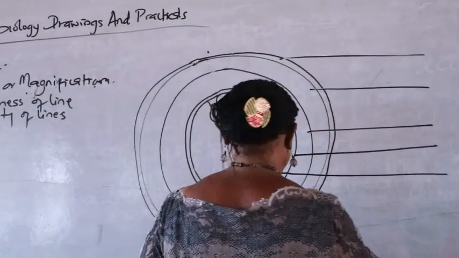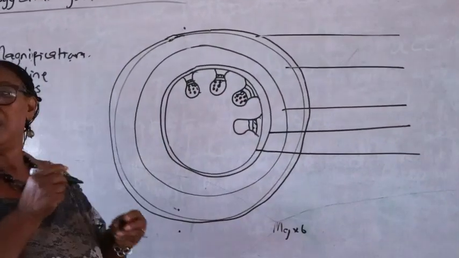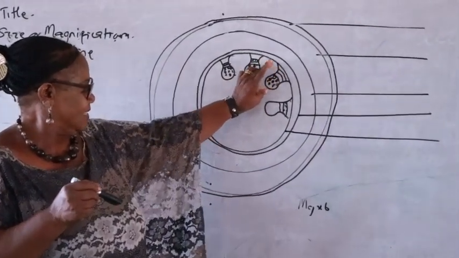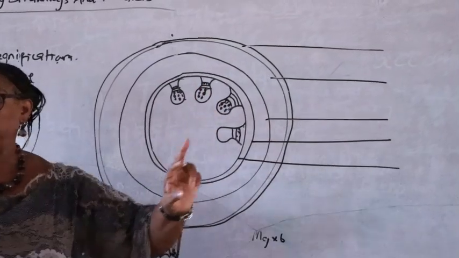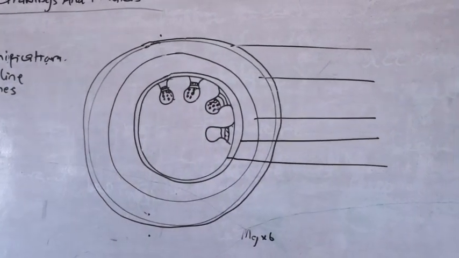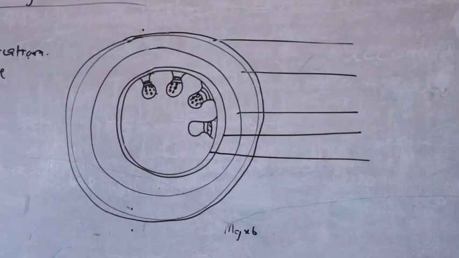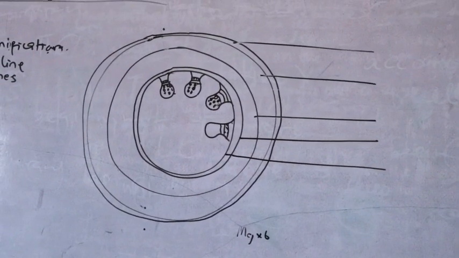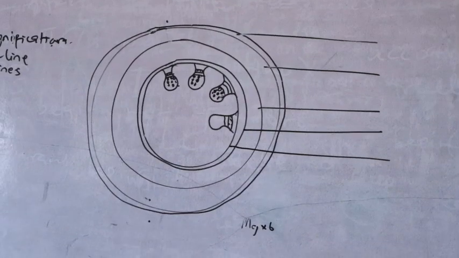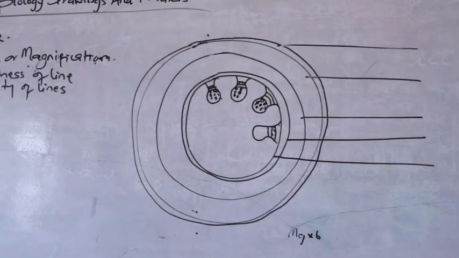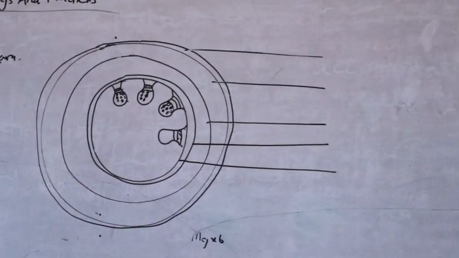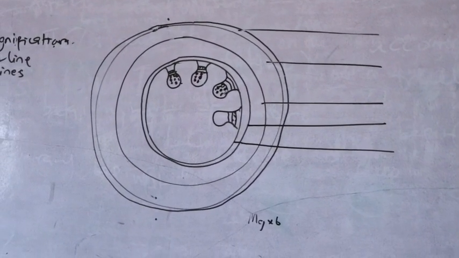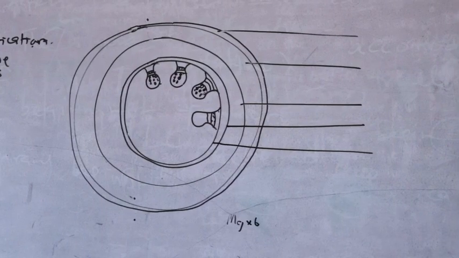Now, this is where I'm going. Who will remind me what this is? So you've done internal structure, the transport system, that's supporting tissue, you draw this diagram. What? The vascular bundles. What are the things that make up the vascular bundles? The xylem, phloem, and the cambium.